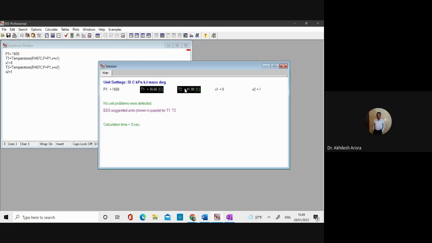Now, what is happening? For the condenser here, you can see there are two temperatures, 36.66 and 41.98. 36.66 is corresponding to dryness fraction of 0, whereas 41.98 is corresponding to a dryness fraction of 1. Is it clear to you? So what is the average temperature here? Can you calculate it?